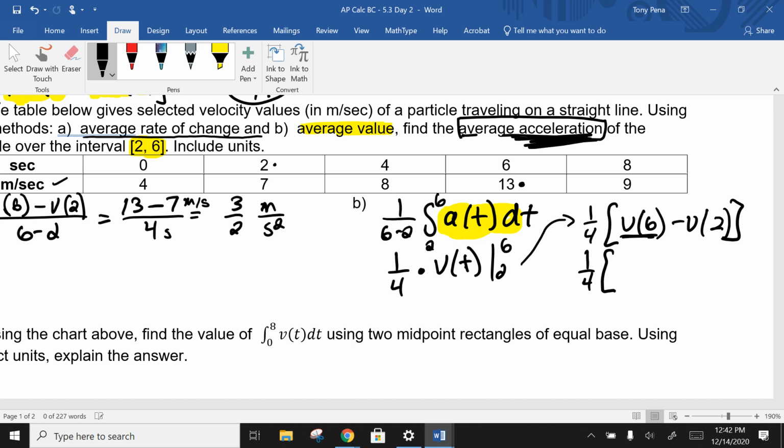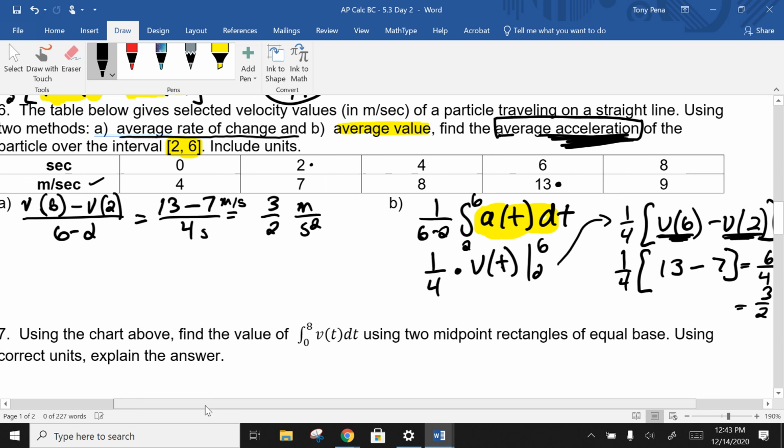I'm going to take my velocity value at 6 seconds of 13, my velocity value at 2 seconds, which is 7. So this is my change in velocity, that's 6, but then I'm going to divide it by that 4, which is my change in time, and I would still get 3/2 meters per second squared. All right, so just a different way now that we could approach an average acceleration, average velocity, average whatever.